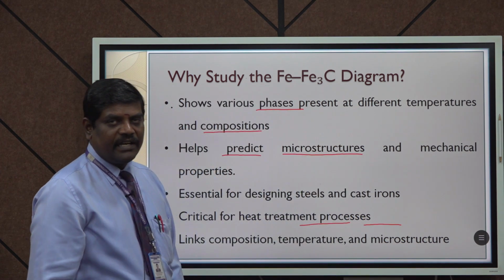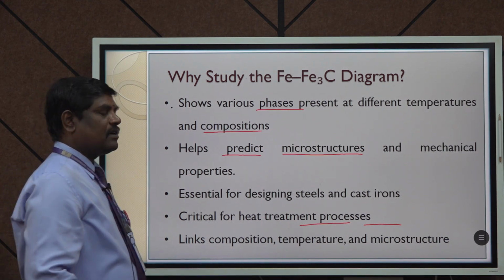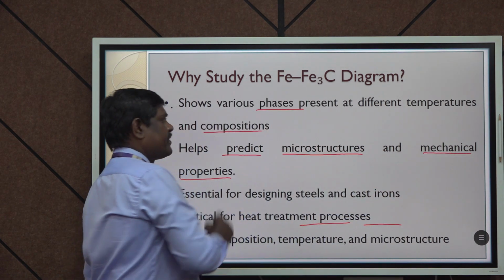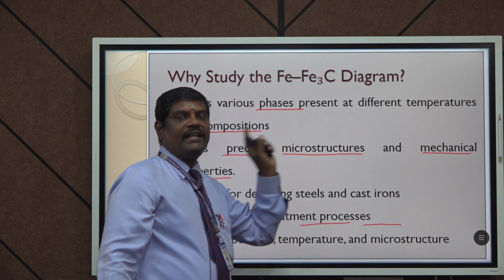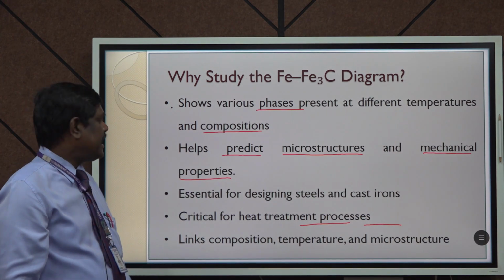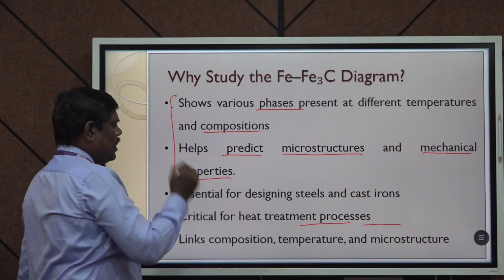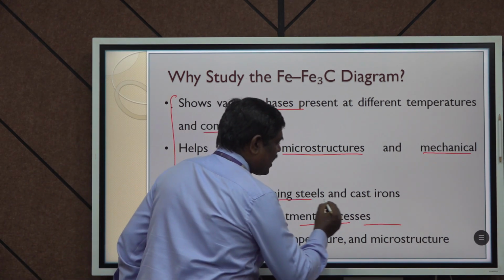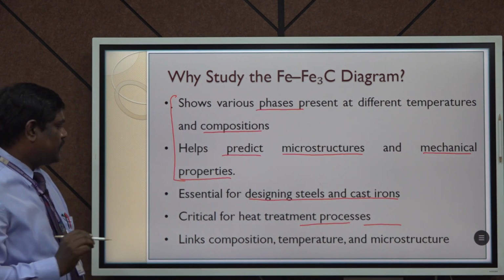As a mechanical engineer, we should know that a change in the microstructure of a material changes its mechanical property. This information also we obtain from the diagram. So based on these two, as a design engineer, I am able to select the appropriate material for a particular product. This is very important.